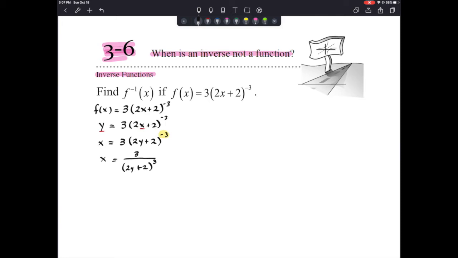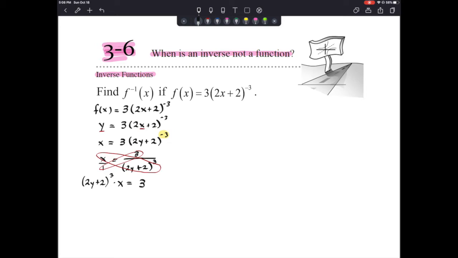We're doing 3 times the 1, and then we're doing this expression times x. When we do that, we end up with 2y plus 2 in the parentheses raised to the third power times our x is going to equal 3 times 1, which is just 3.